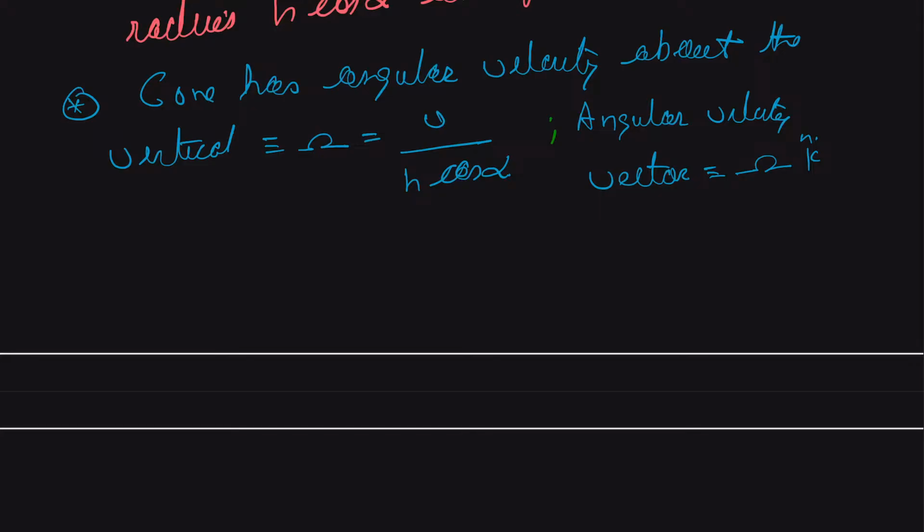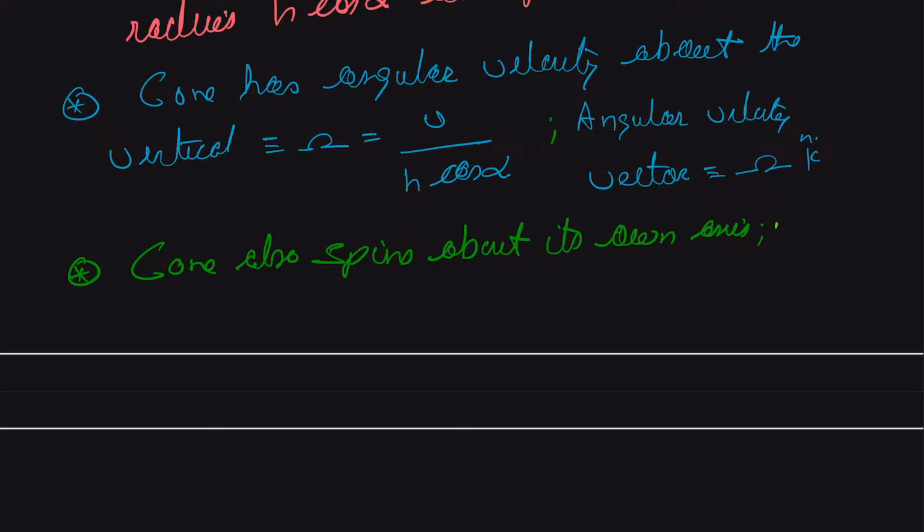And it is also mentioned that the cone spins about its own axis. So we are given that the cone also spins about its own axis with an angular velocity.